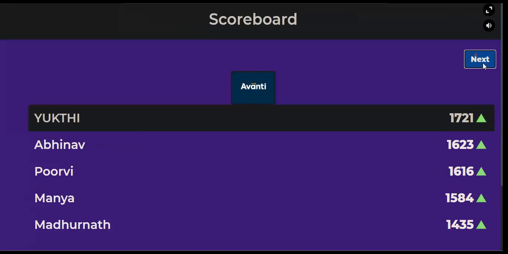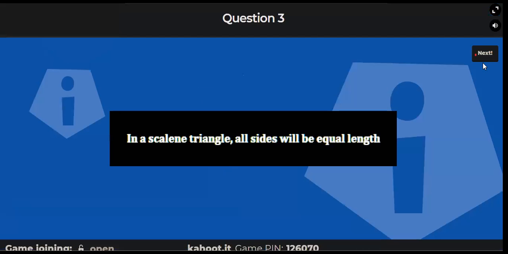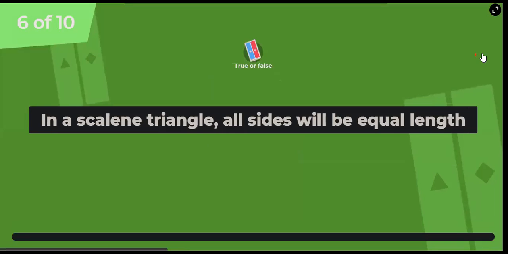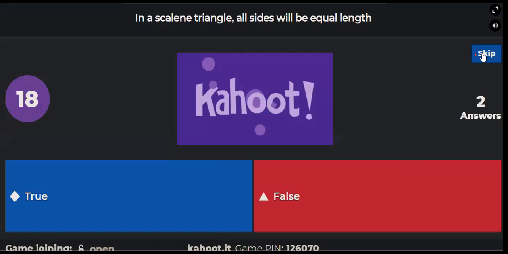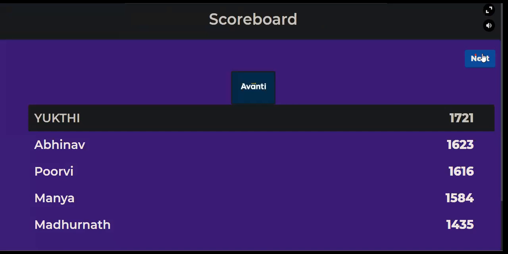Okay, next. In a scalene triangle, all sides will be of equal length. It's true, false, by the way. Yes, it's false, right? They are of unequal lengths.